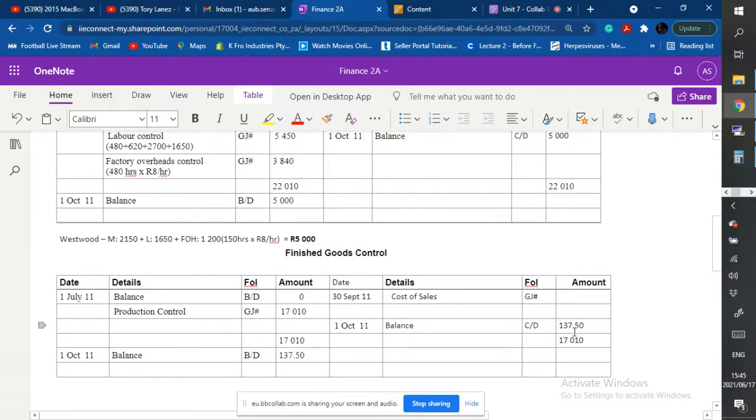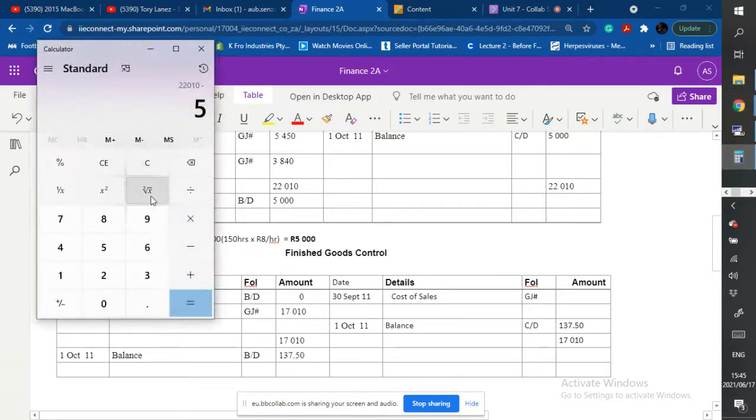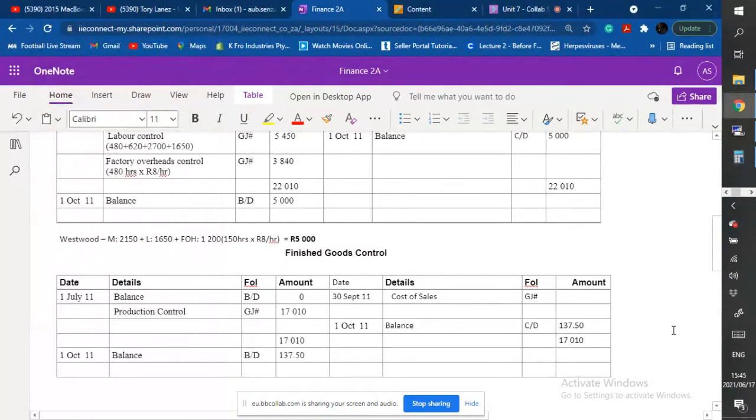And then here, since this is the balance brought down, again, we're just going to subtract 137.5. So this then is what we are posting to cost of sales. Okay, cost of sales.